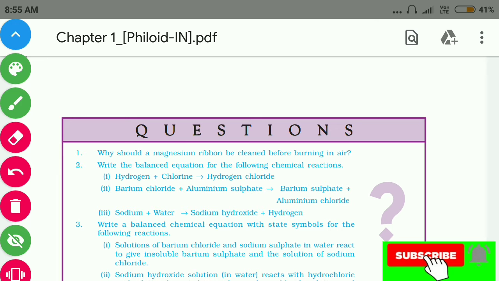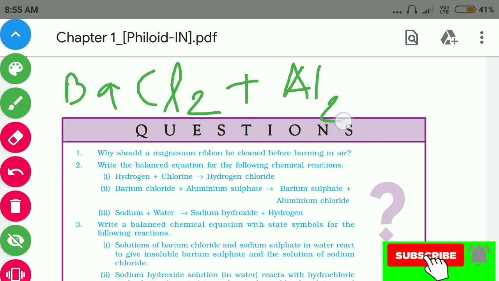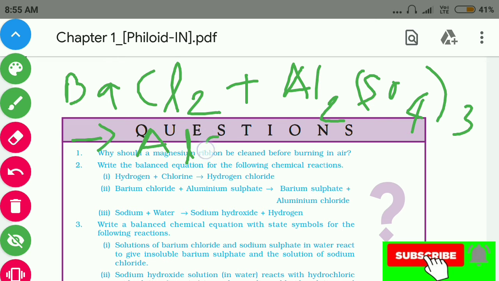This is called barium chloride, BaCl2, plus aluminum sulfate, Al2(SO4)3. Then on the product side, barium displaces aluminum, and you will get AlCl3 plus BaSO4.